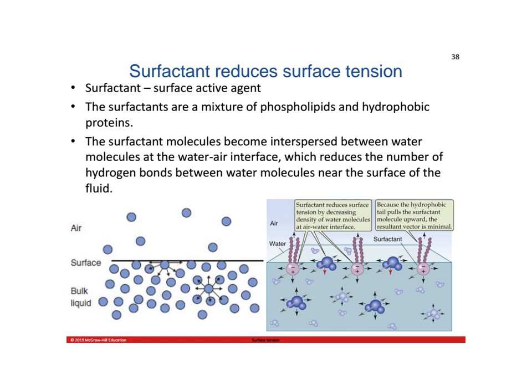The way those surfactants work is they become interspersed between water molecules at the water-air interface, and this reduces the number of hydrogen bonds between the water molecules near the surface of the fluid. You can see that here in this diagram. There are now surfactant molecules, and these tend to aggregate towards the surface, and the reason is because of their amphipathic nature.